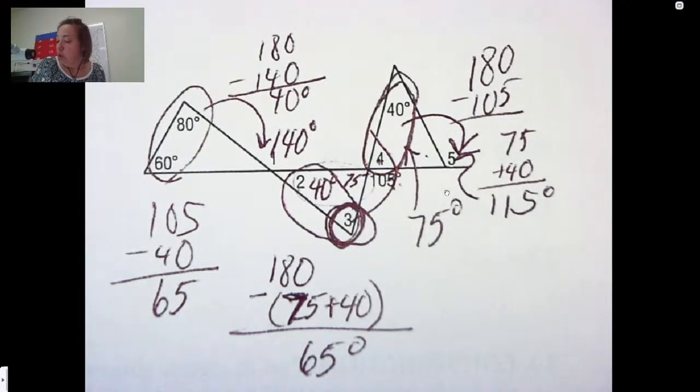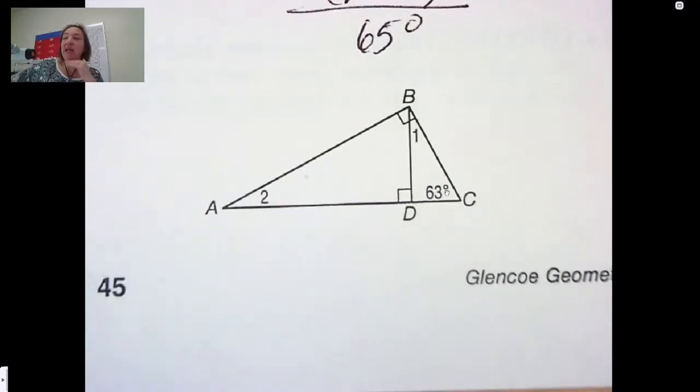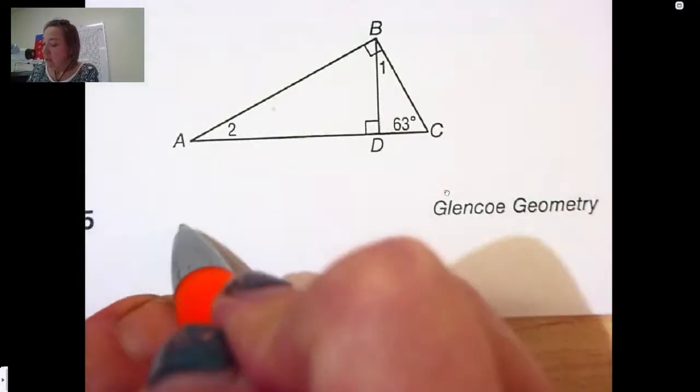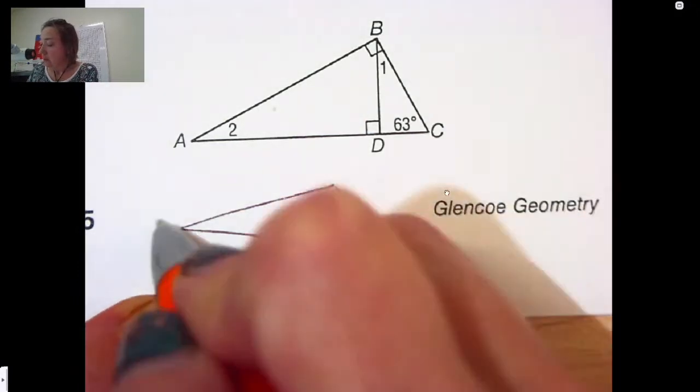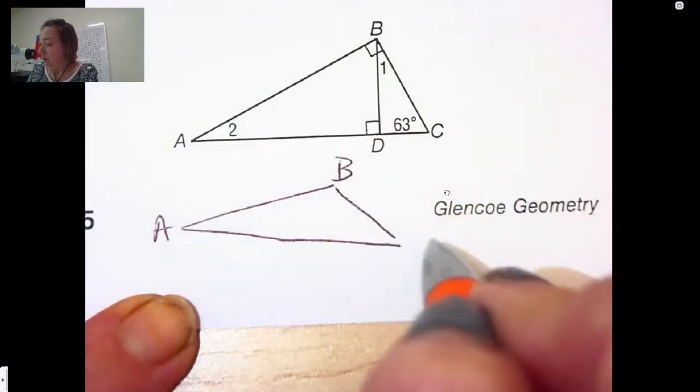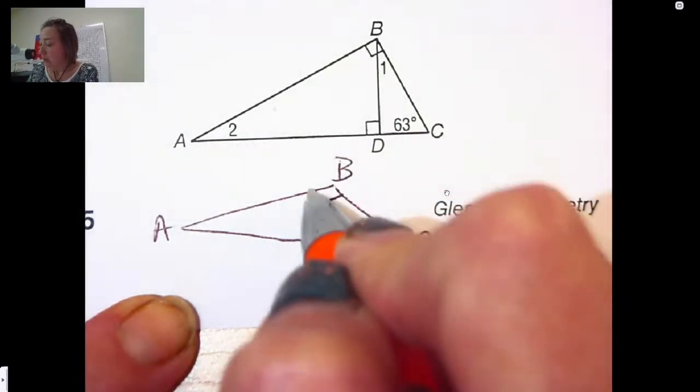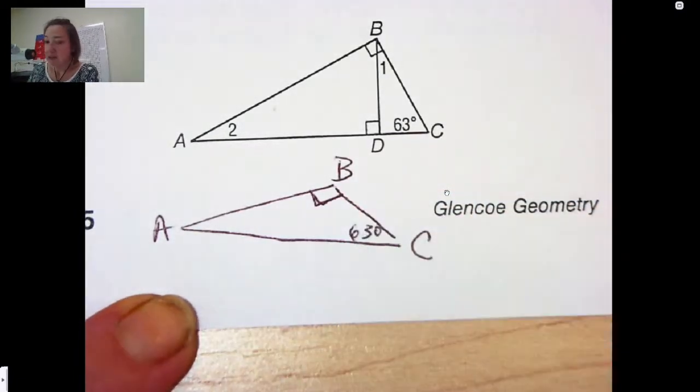Okay, we got 2 more to do here. Now, I have the hardest time sometimes with these where they overlap triangles like this. Sometimes what I have to do is redraw them where they're not attached to each other. Like A, B, C, that's a right angle, that's 63 degrees. So that's the big triangle there. Y'all see it?